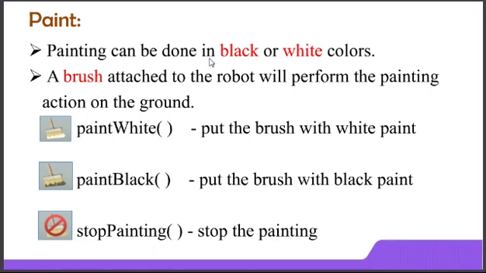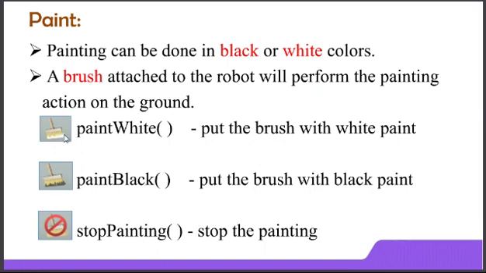Painting can be done in black or white colors, only available for black and white. A brush attached to the robot will perform the painting action on the ground. This is for the white.